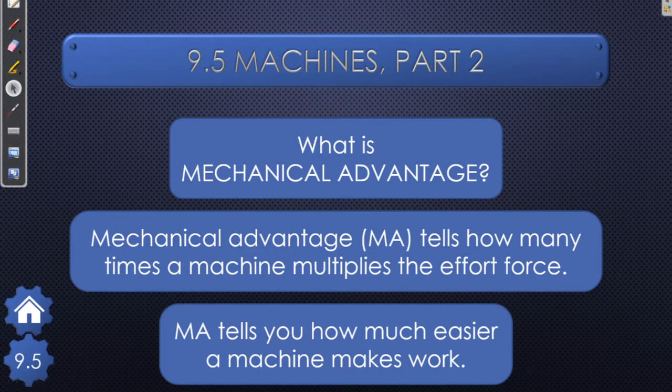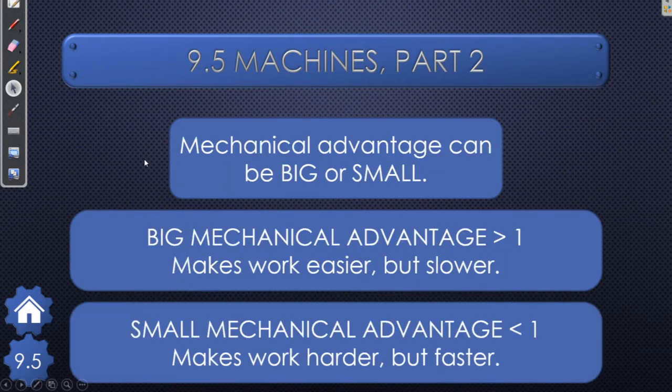The bigger the mechanical advantage, the easier it will be to do a certain job using that particular machine. So if you're all about doing things the easy way, then you want to use a machine that has the largest possible mechanical advantage.